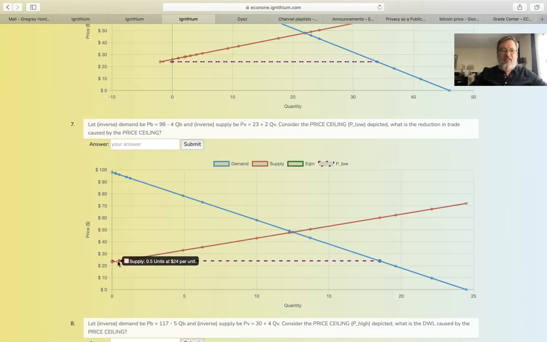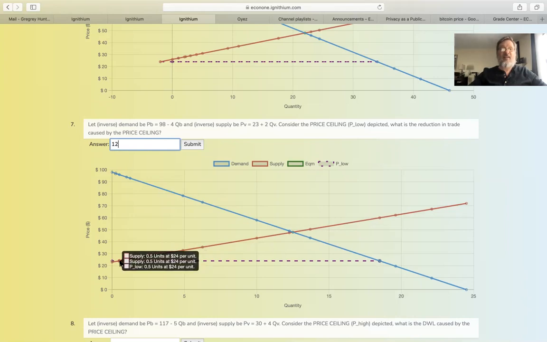And then you can see there's the price ceiling, where all of the labels pop up together, and it goes to 1/2 unit. So here there's a reduction of 12, right? So that reduction is just the distance from the equilibrium to the price ceiling.